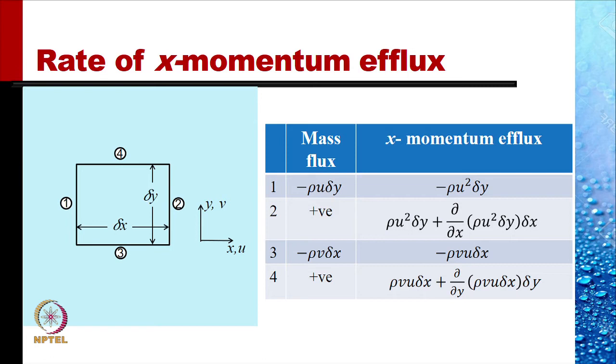Then the flux across surface 4, delta y distance away in the y direction, is again obtained by the Taylor series as rho vu delta x plus del by del y of rho vu delta x into delta y. Putting it all together, the net efflux is then simply rho times del u square by del x plus del vu by del y, into delta x delta y.